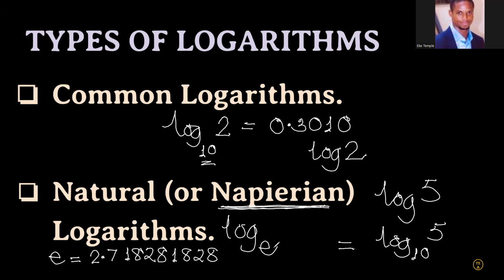So natural logarithm of 2, for example, is the value 0.693. We see this in applications in science, in chemistry, in physics, and in financial mathematics also, where we talk about annuities. Okay, let's move on.